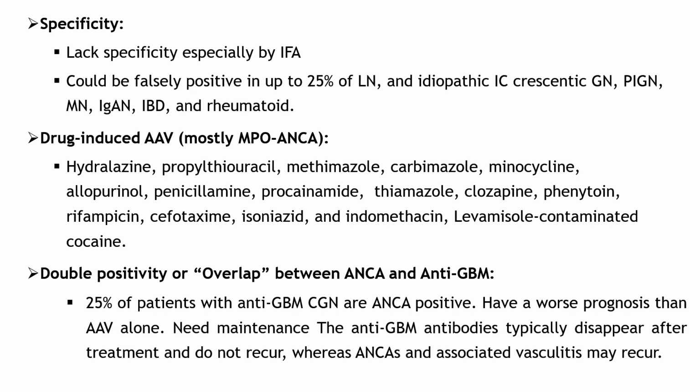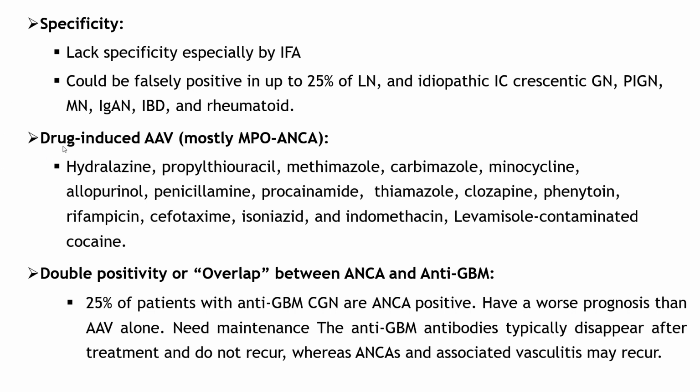The ANCA assay lacks specificity, especially by IFA. It could be falsely positive in up to 25% of patients with lupus nephritis, or idiopathic immune complex crescentic glomerulonephritis, or post-infectious glomerulonephritis, membranous nephropathy, IgA nephropathy, IBD, or rheumatoid disease.